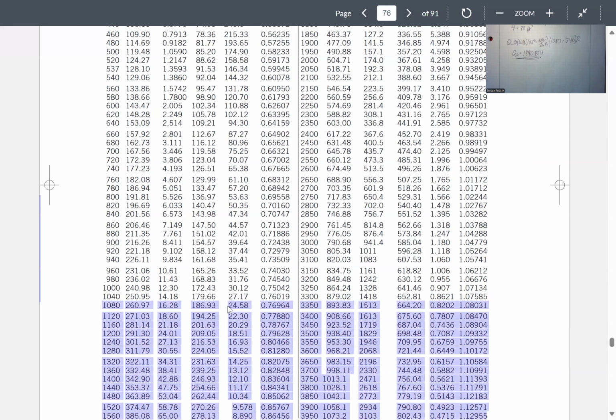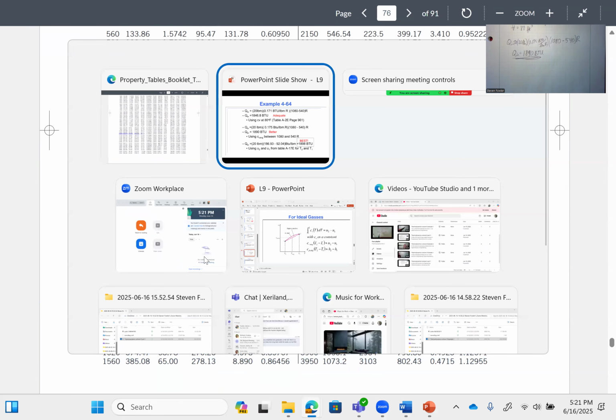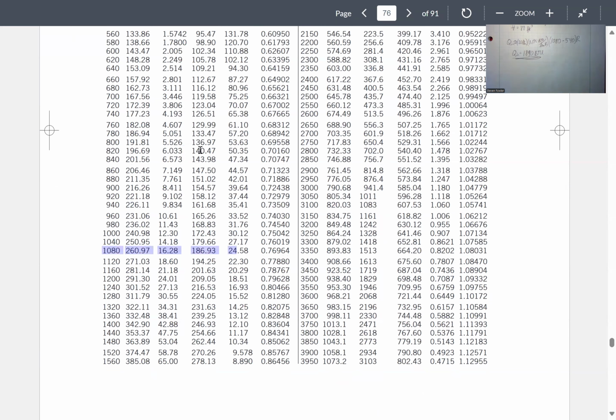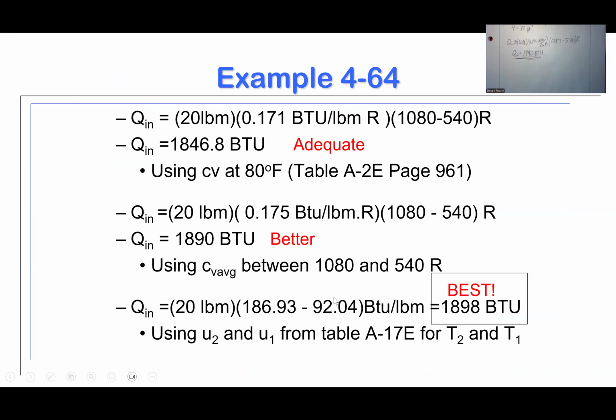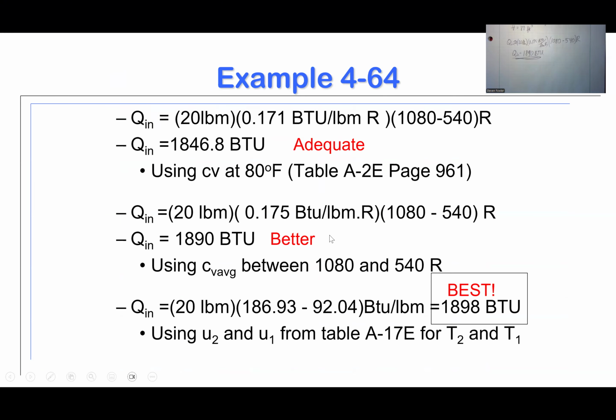And here we've got a U value of 186.93. And that's what we have here. And that difference would give you the absolute best value. So this works. The problem you can run into is you may have to interpolate, if you're between rows, you may have to interpolate one or both of these numbers. But all I need is just the temperature value for an ideal gas that will give me a U and an H value to go into my first law equation.